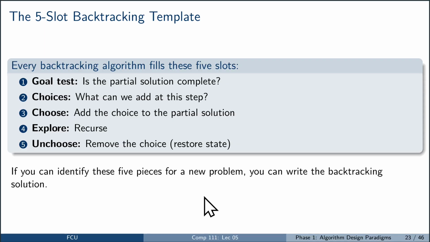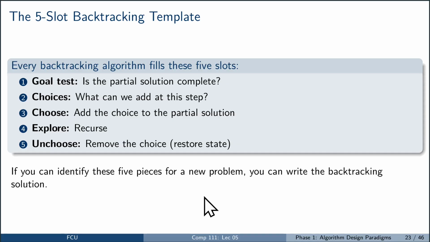That's the unchoose step. So these 5 steps are crucial to every backtracking algorithm. And unchoose is going to remove the choice, to restore the state. Identify these 5 pieces for any problem and you can write the solution. That's the cheat code, basically. You can solve pretty much any backtracking problem with this.